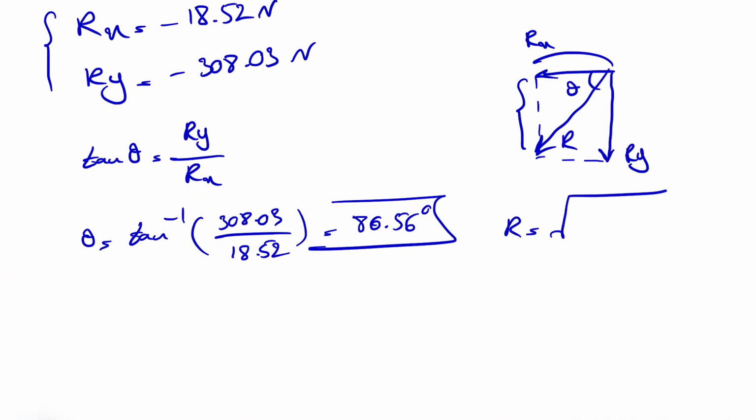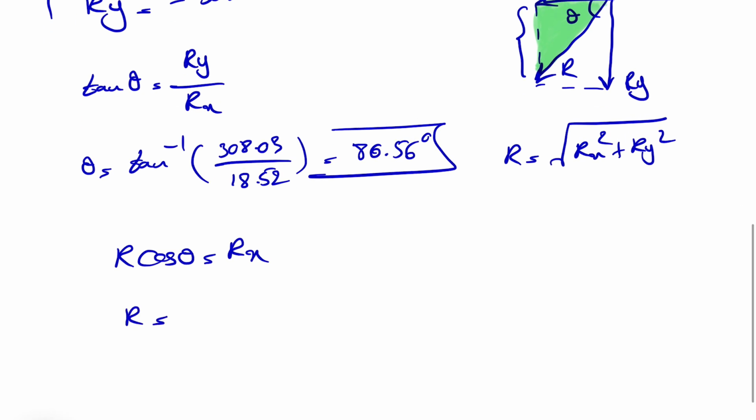Also, if you want to find the magnitude of R, we have two ways we can do it: either the square root of Rx squared plus Ry squared, or if you look at the right triangle that we've been looking at to find theta, we see that R cosine of theta is going to give us Rx.